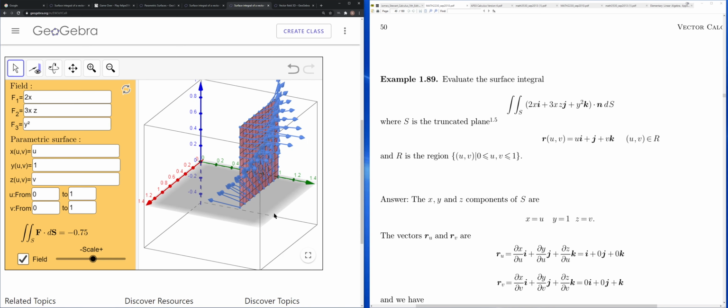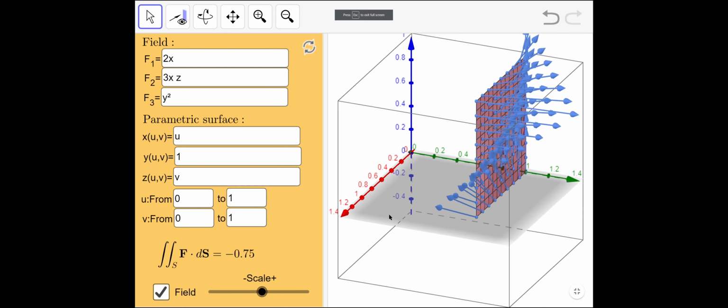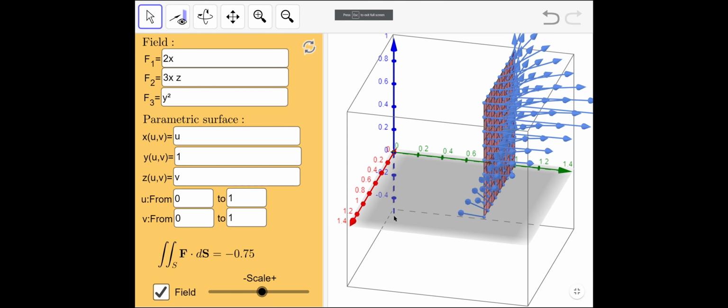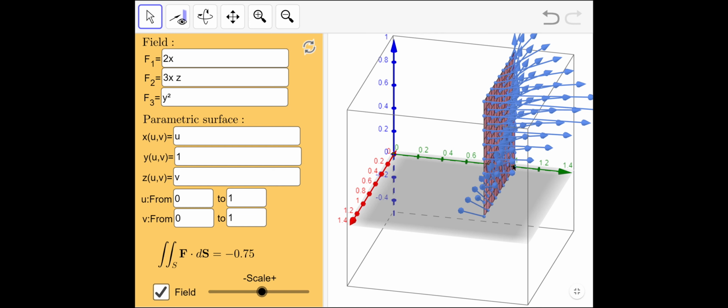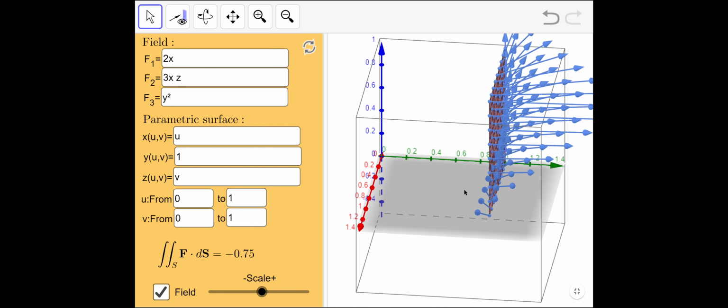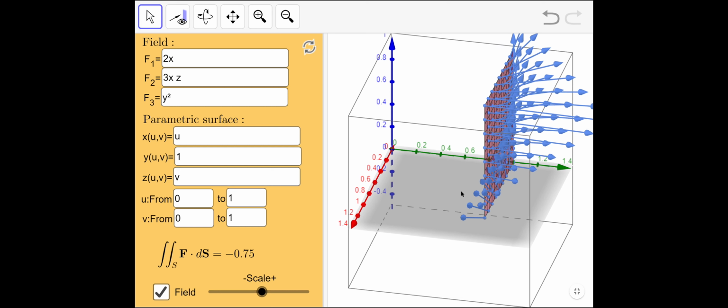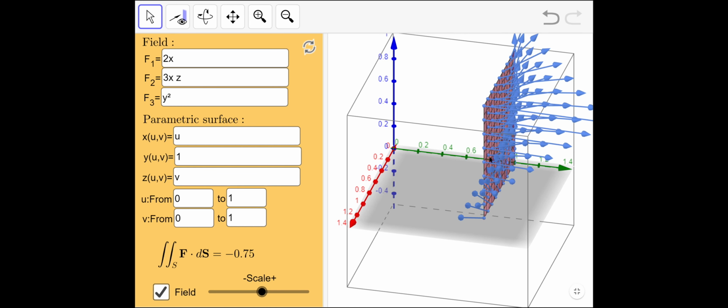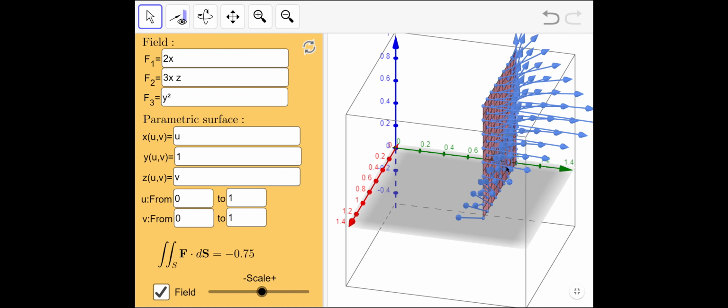Now, if you're looking at this picture and at the flow through this surface S, this truncated plane, you'd be inclined to think that yes, the net flow would in fact be positive, because everything seems to be moving in this y direction. That is correct in some sense, but this parametric surface S could have two possible orientations.